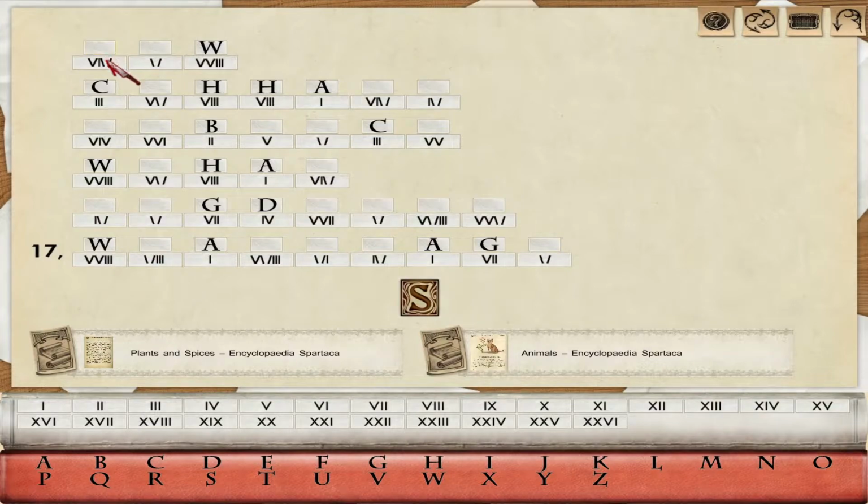But it almost has to be 5. So that would be 14. Where's the 14? There.